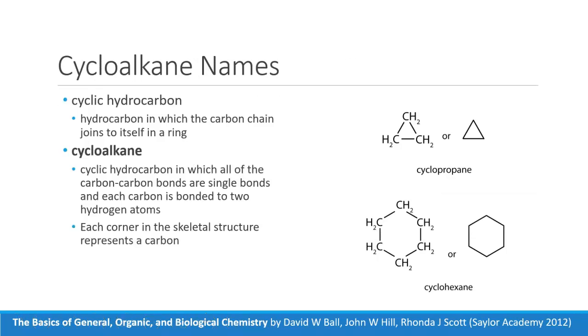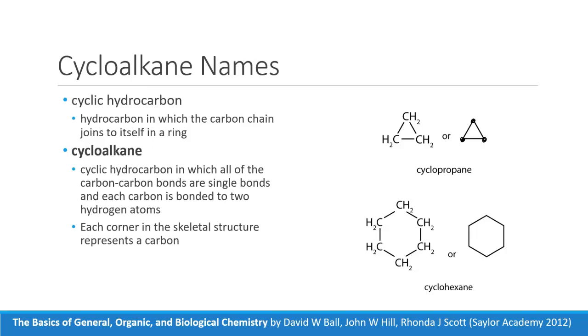And then the other type of hydrocarbons that you might see are cycloalkanes. And the nice thing is that if you have a cycloalkane, which is nothing more than a ring structure, it's if we take that straight chain and we connect it together to form a closed ring, that we're just going to add the word cyclo in front of the name. So propane, remember propane had 3 carbons, and if we're looking at a skeletal structure, it's every corner.